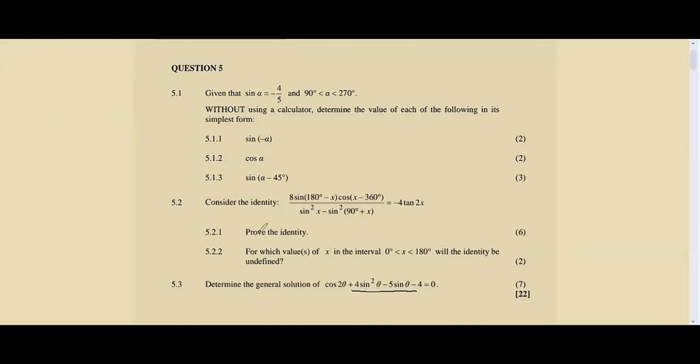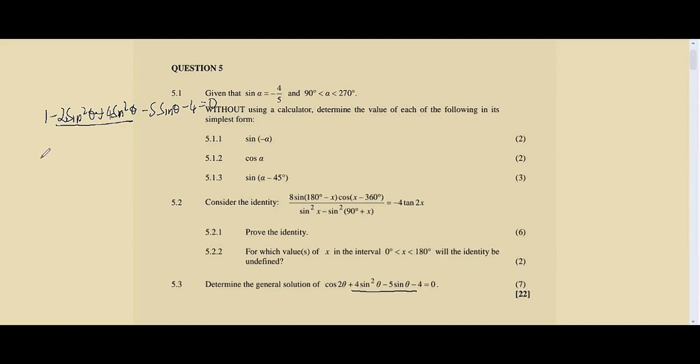Now solving my cos 2 theta, this will be 1 minus 2 sine squared theta, and then plus 4 sine squared theta minus 5 sine theta, and then minus 4 is equal to 0. So hoping that you can see that. Then these are like terms here.